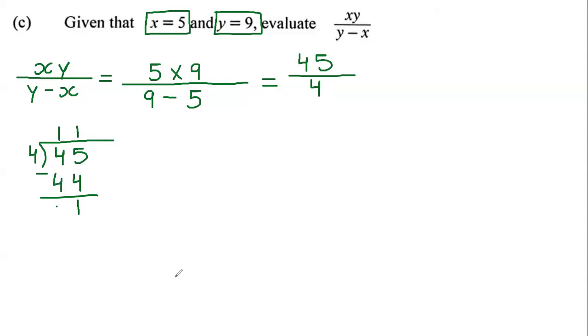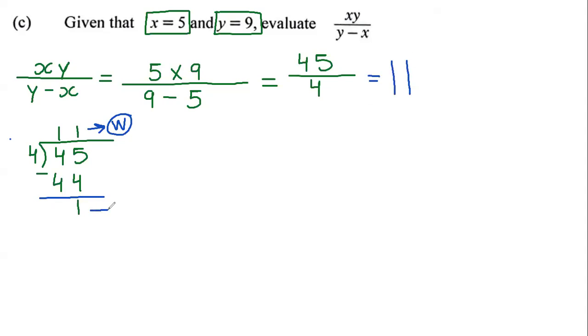And so how are we going to express the whole number? Well, no, let's do a decimal. Let's see how it looks as a decimal. Even though I would like to do it as a mixed number. You know what? Let's do it as a mixed number. 11 is the whole number.